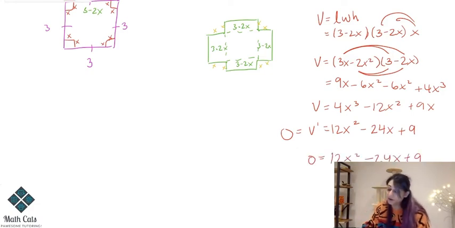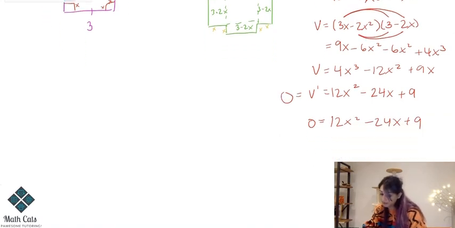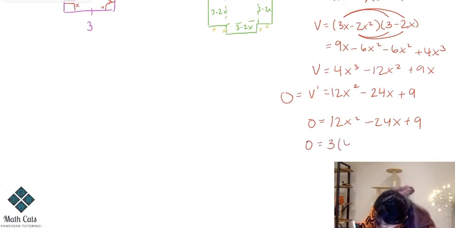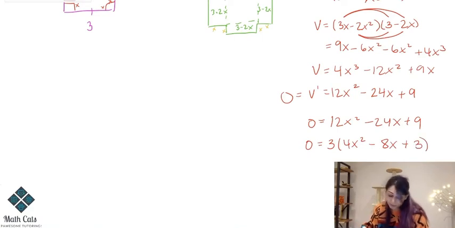And then we can try to solve this by factoring. First, you can take out a 3 from this equation, and you're left with 4x squared minus 8x plus 3. And then we can try to factor it.